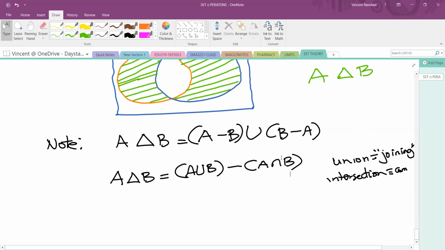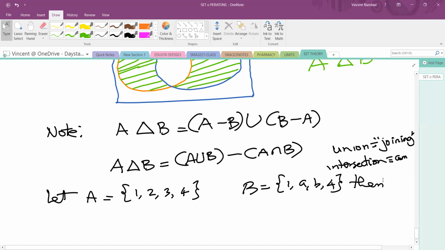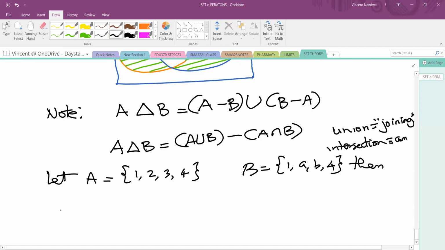So if I give you, for instance, let A be the set {1, 2, 3, 4} and B be the set {1, a, b, 4}, then A minus B is going to give me {2, 3}.